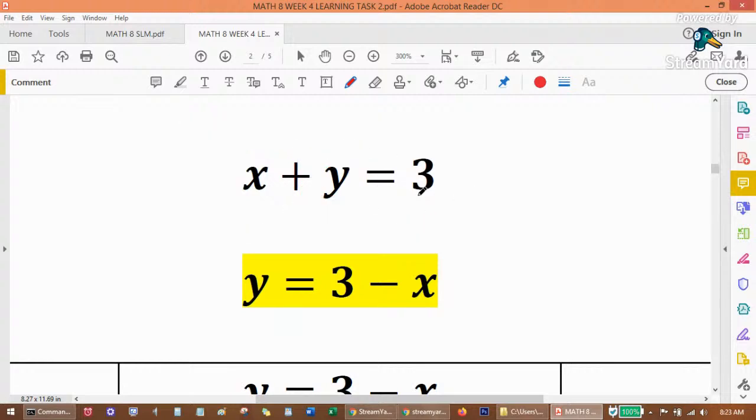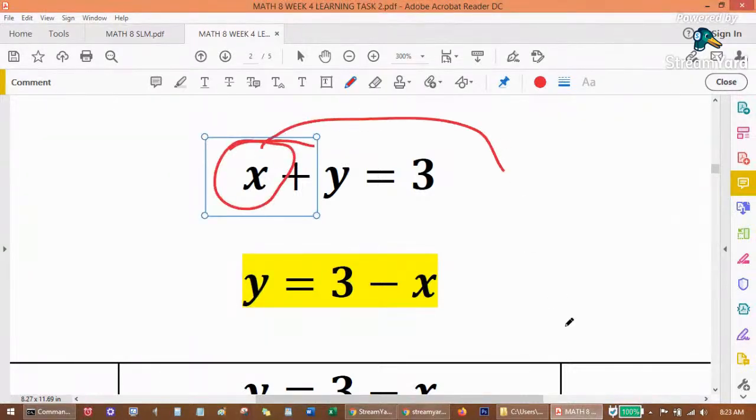Ano ibig sabihin ng equate to y? Kailangan y lang yung nasa left side. So, paano mangyayari na ang y lang ang nasa left side? Itong x na to, kailangan ilipat natin sa kabila. Okay?